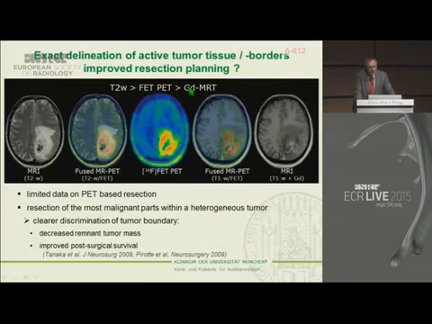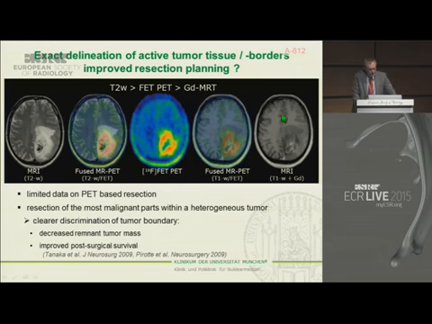The one problem for the operation is the exact delineation of the active tumor tissue. And can multimodal imaging contribute to an improved resection planning? There's limited data available, but the few data which are available state that the amino acid PET combined with MRI allows a clearer discrimination of the tumor boundary with a decreased remnant tumor mass and an improved post-surgical survival.